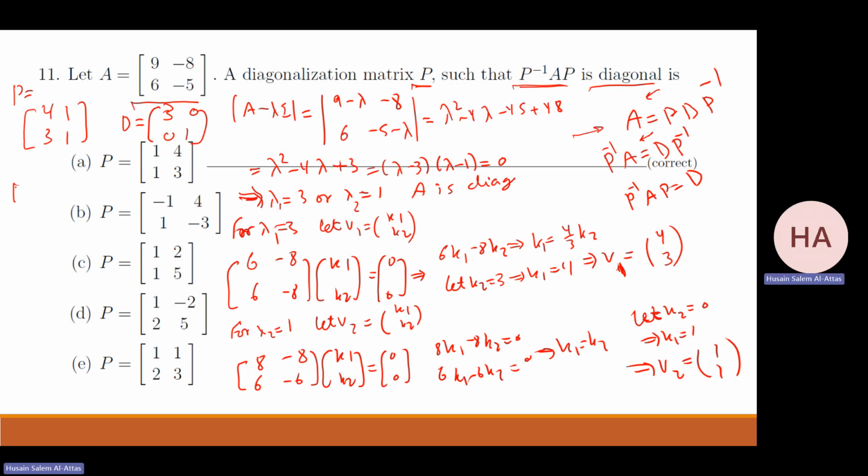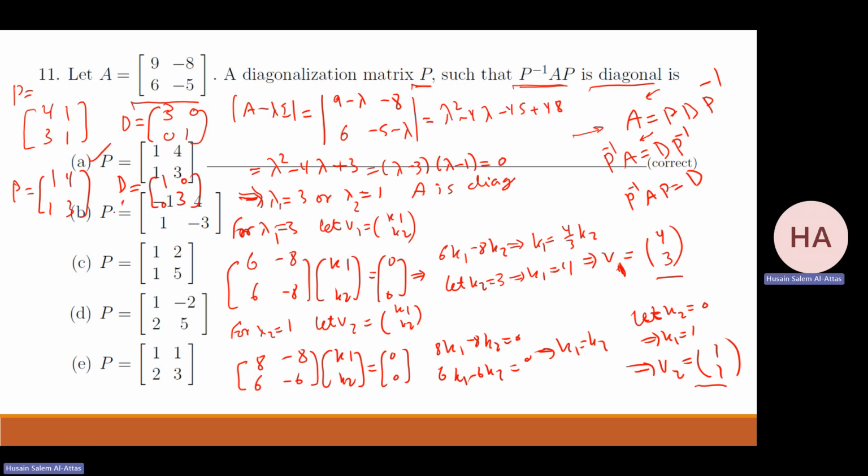And also, I can put P the other way. I'll put this one, 1, 1, and this is 4, 3. But my D in this case will be 1, 0, 0, 3. Both will give me a diagonal matrix. And this will be the answer. And this is the correct one.